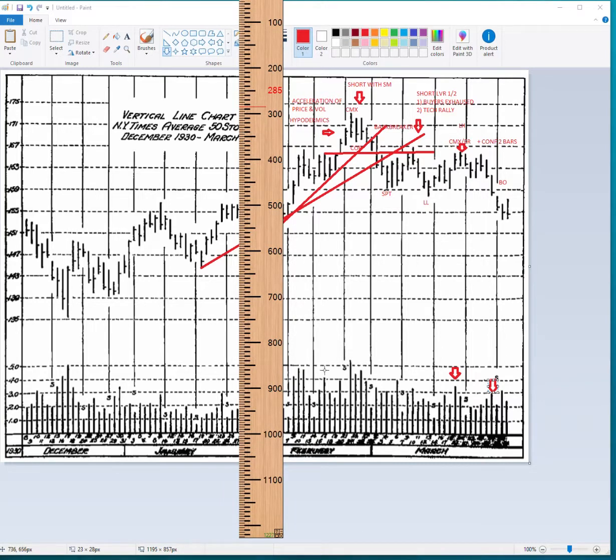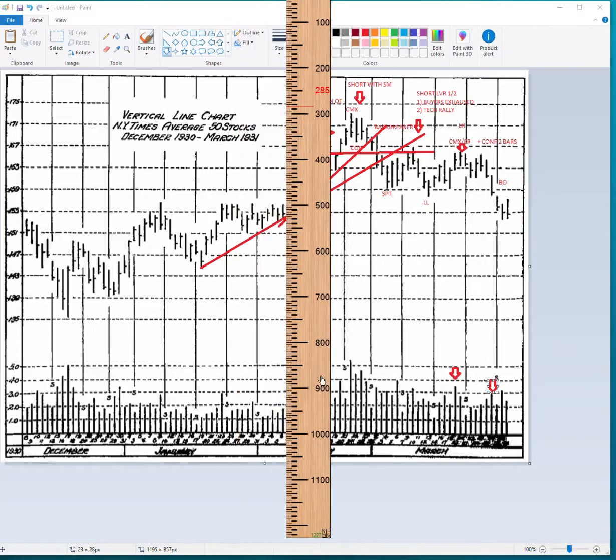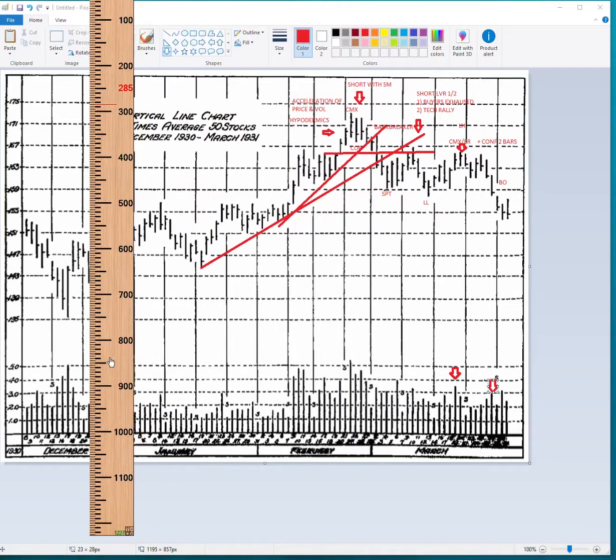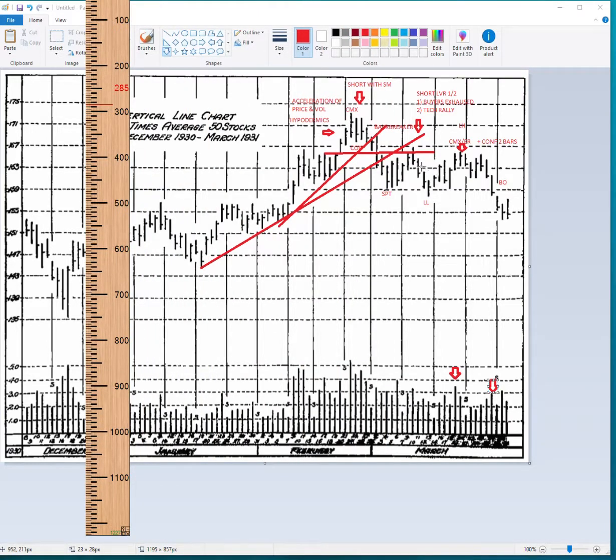So the February volume is over here. The rise in the February volume is bigger than the rise in the March volume. So he's comparing rally to rally.